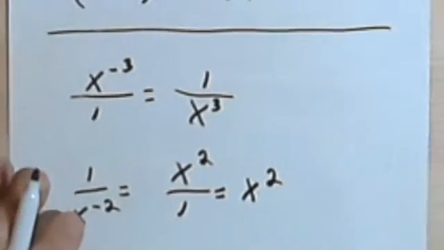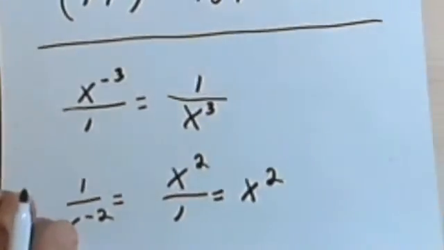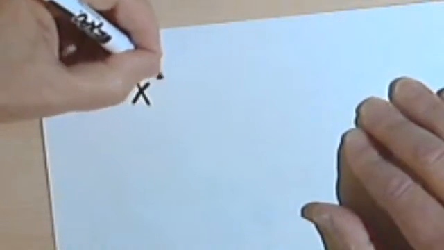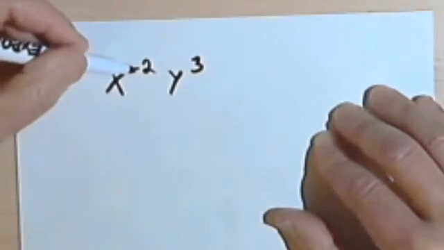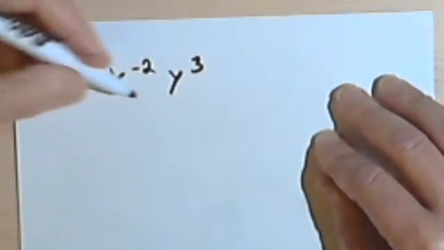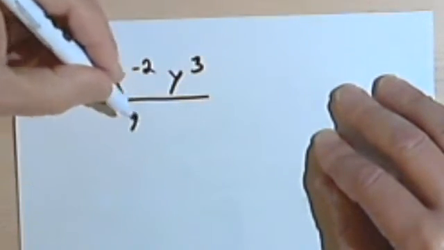Okay? I'm going to take 1 second more, actually probably a minute more, to caution you about something. If you have more than one term, more than one variable, let's say we have x to the negative 2, y to the 3rd, and we want to get rid of that negative 2, we'll think of this whole thing as a fraction.